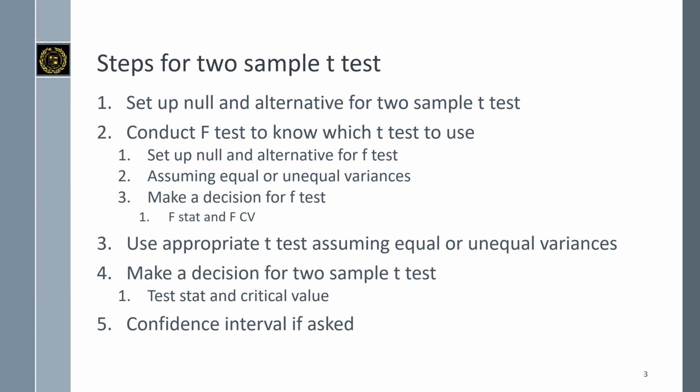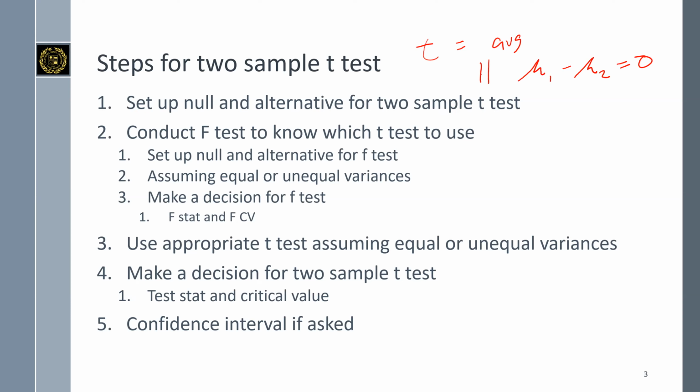Now, in order to run a two-sample t-test, these are your steps. So your first step is to set up your null and your alternative for your two-sample t-test. Whenever we look at a t-test, this is referencing our averages, and the best parameter to use is mu. So this is what your setup's almost always going to look like.